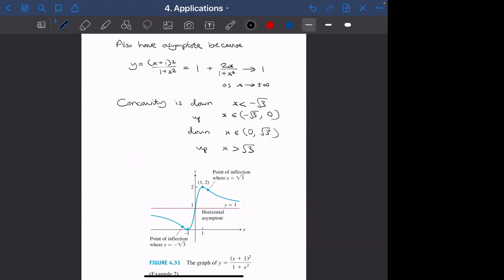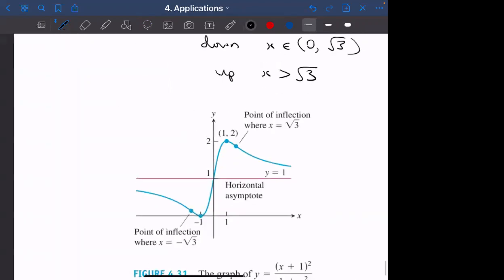And we have a horizontal asymptote, the horizontal line, and we have that the graph starts concave down, curving down. It's concave up. Let me write that one in because it's a nice obvious one.